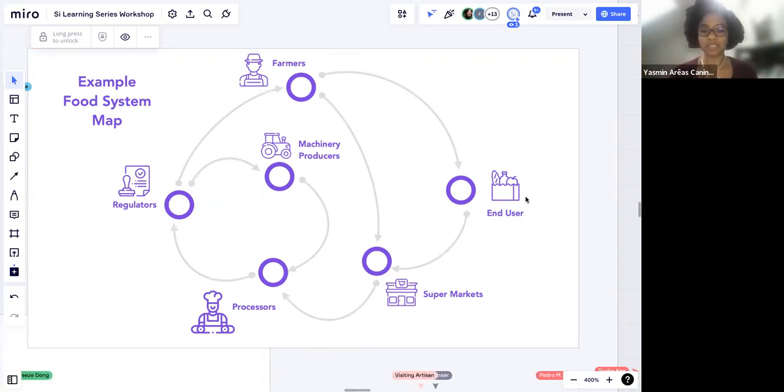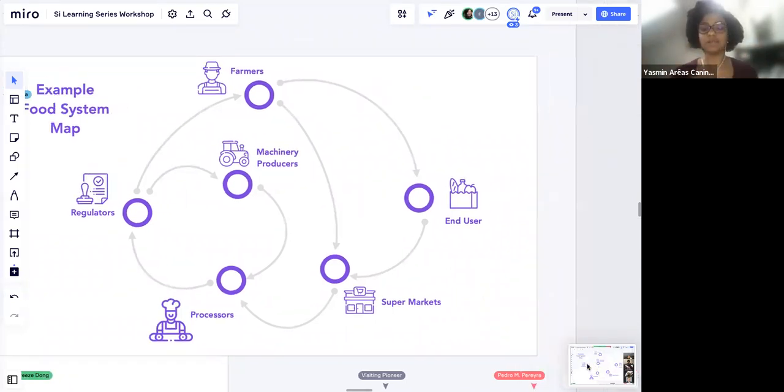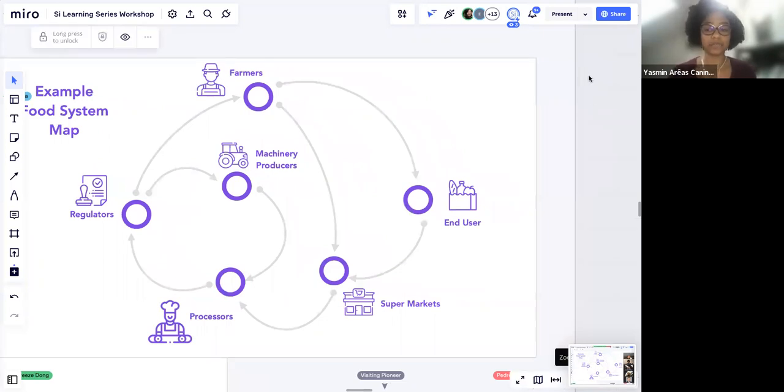As Joss was saying, first we need to understand the system, see how it's working, and identify the relevant points to then make any change. The idea is understanding the system that we want to change, the system around the challenge we identified in the first place.